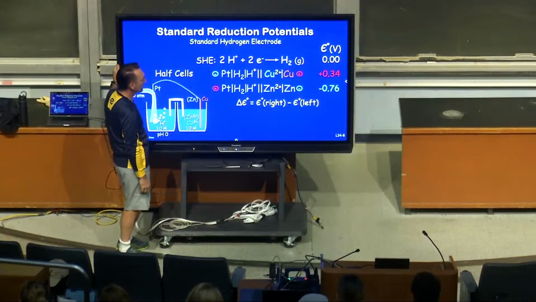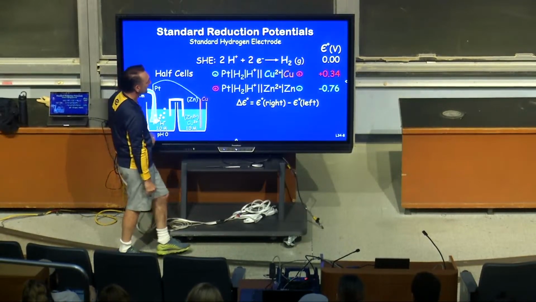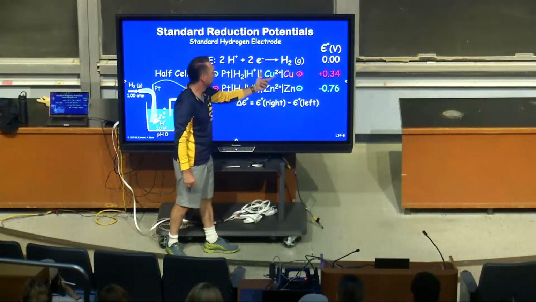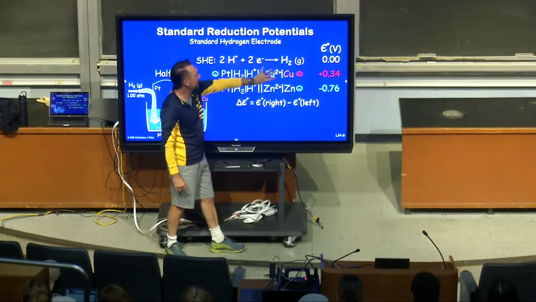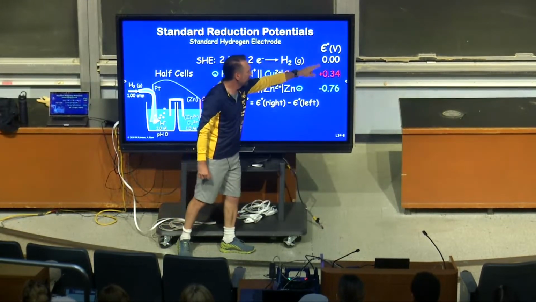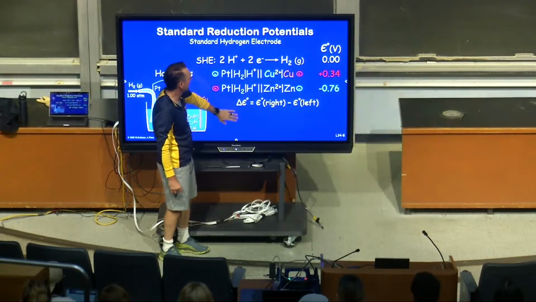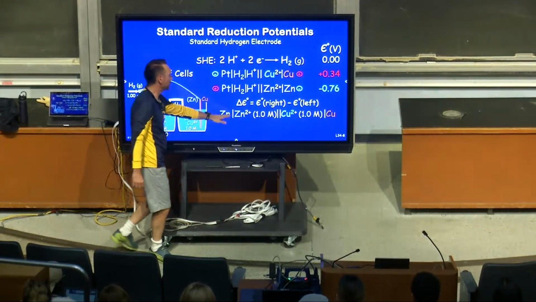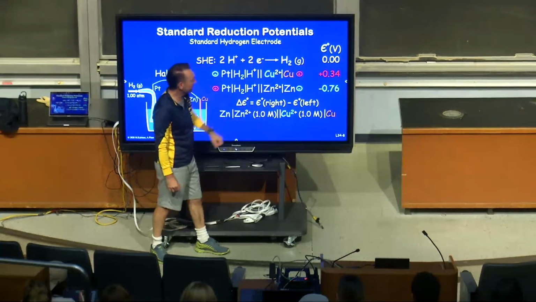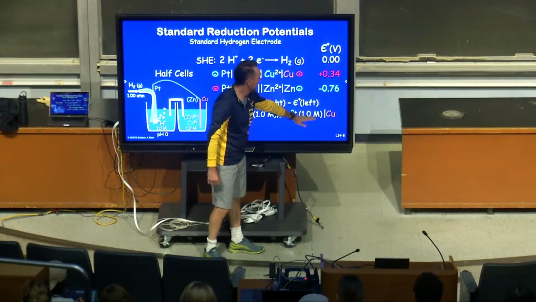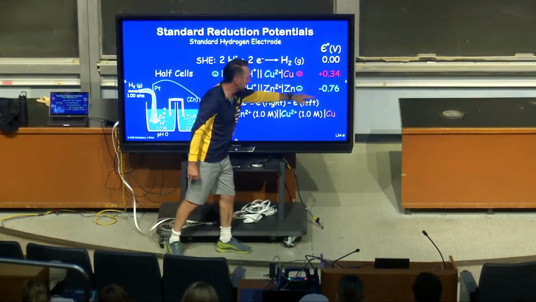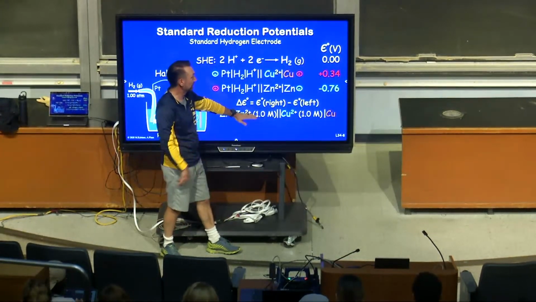Now you can calculate the voltage of an entire cell. You take the left number, or the right number, and you subtract it from the right. Here's a half cell, 0.34 volts. Subtract away this half cell, 0, and you would get a voltage for the entire battery. So if you did this one, voltage on the right side minus the voltage on the left side, it would be 0.34 volts minus minus 0.76 volts, so plus 0.76 total.